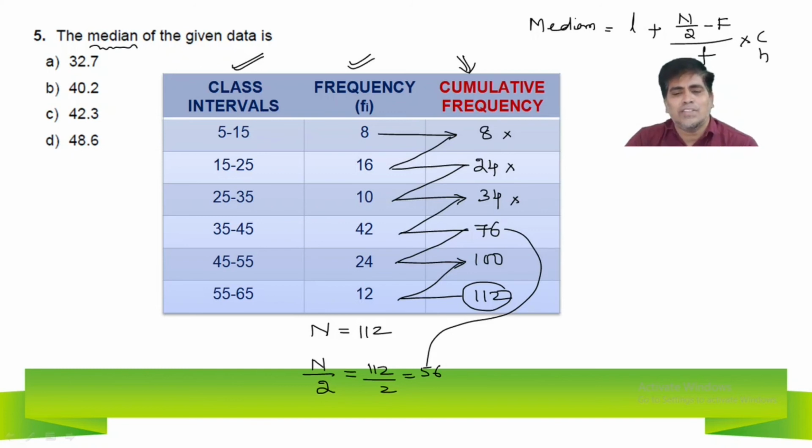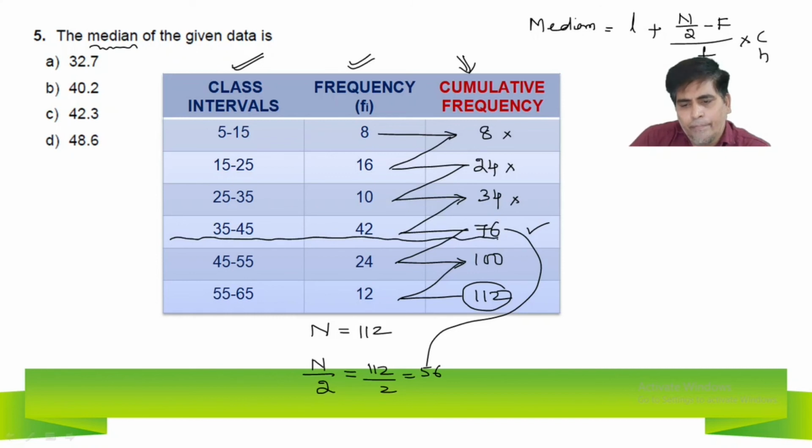The first class which is crossing, that is this class, 76 is crossing the 56, so we will declare it as the median class. So I am writing this as the median class.